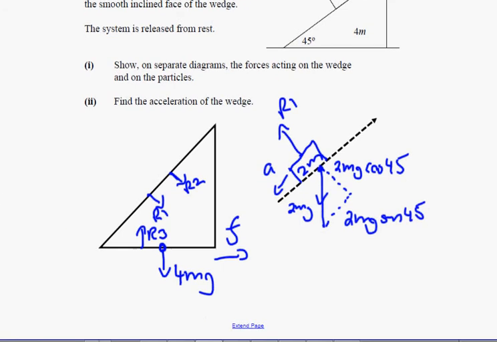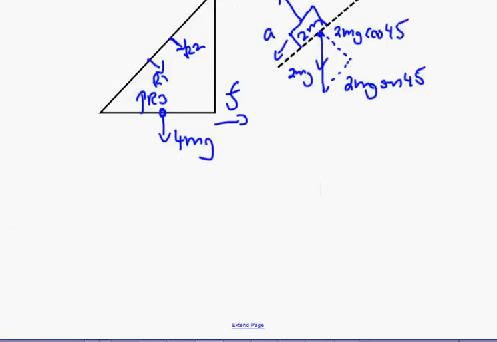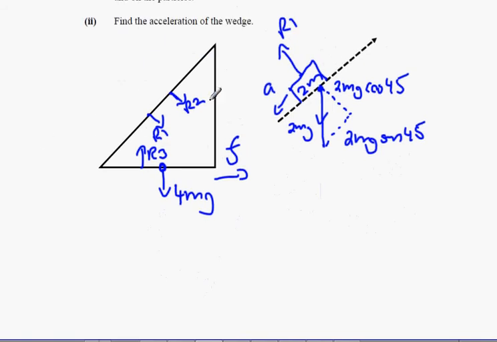Okay, now that's done. What we're going to do next is the m particle, and I'll do this one in black. Once again, it has R2 going directly upwards. Its acceleration we'll let be different.